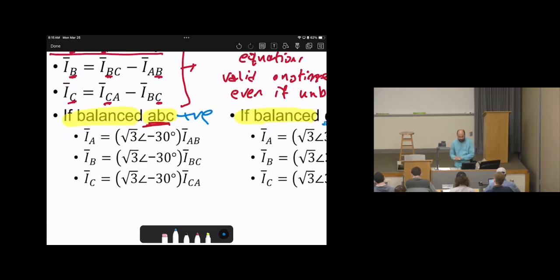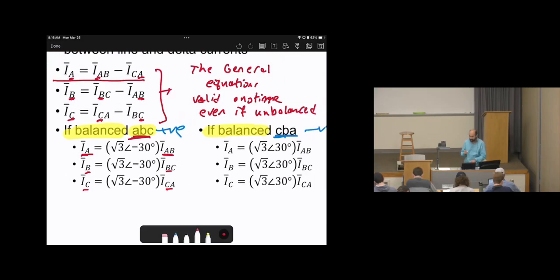So we can say that IA equals root of 3 angle negative 30 times IAB. IB, the same angle, times IBC. IC, root of 3 angle negative 30 times ICA. So those can be an easier way to calculate the currents, with less complication, or less mathematical calculation.